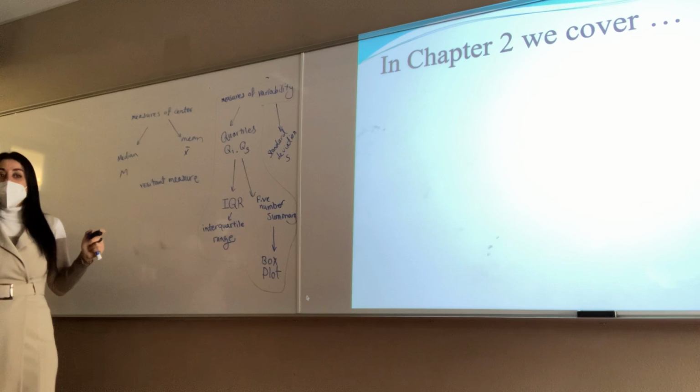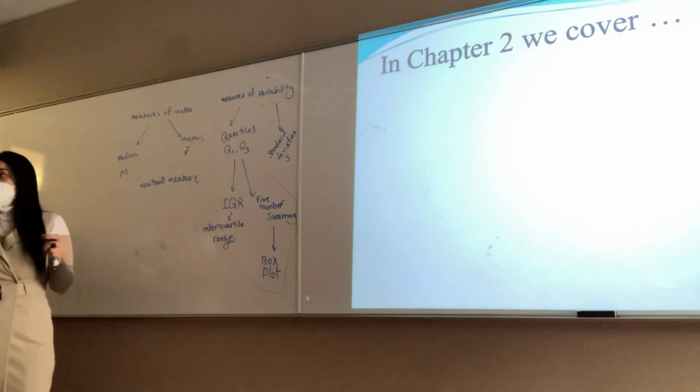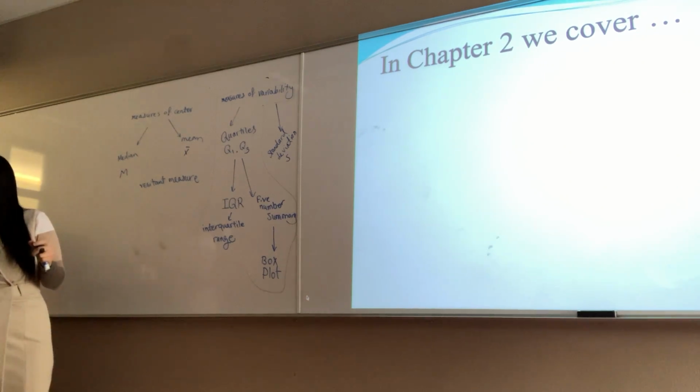Okay, so I want to again mention that we are talking about quantitative variables. Since last lecture, we are just focusing on quantitative variables. What is the example of quantitative variable? Who didn't talk so far? What's the example of quantitative variable? Just in the classroom.